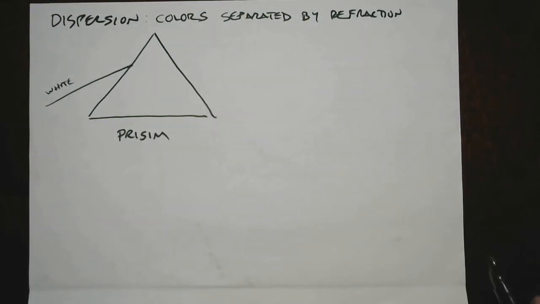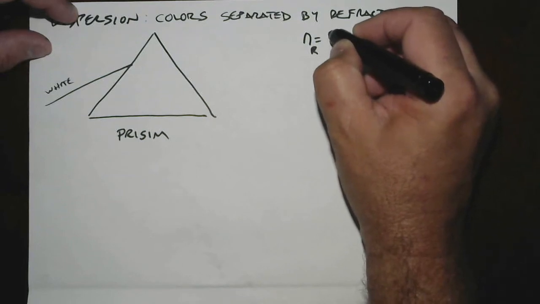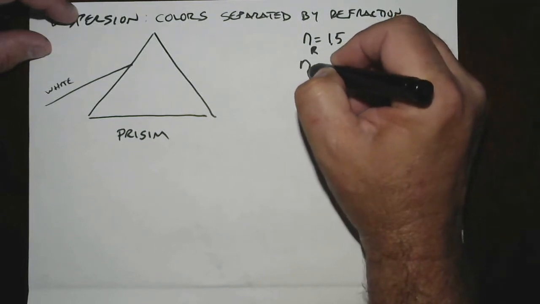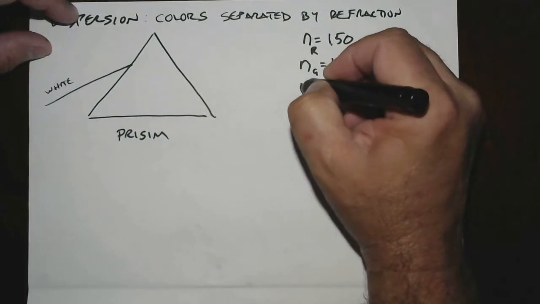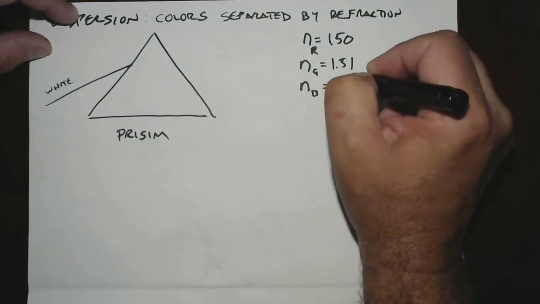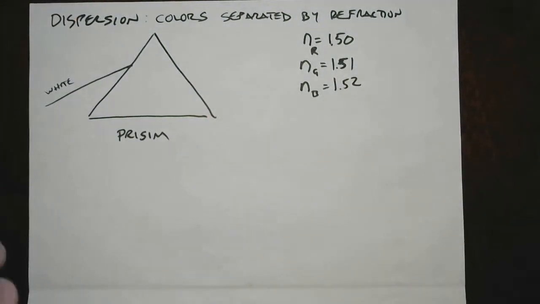And the truth of the matter is that the index of refraction for red is maybe 1.5 in glass, but the index of refraction for green is 1.51, and the index of refraction for blue is maybe 1.52, which means that as the colors get into the glass, they separate.